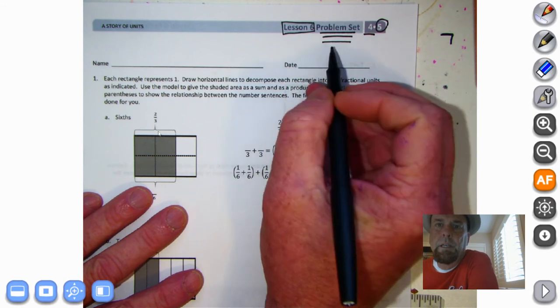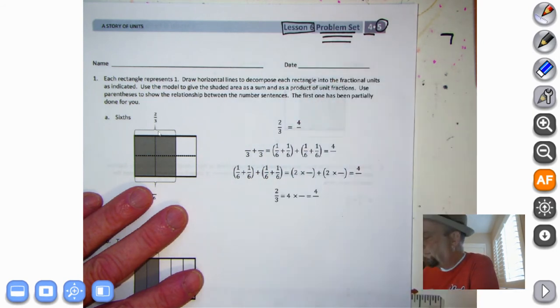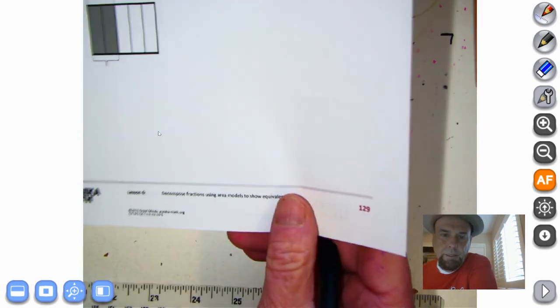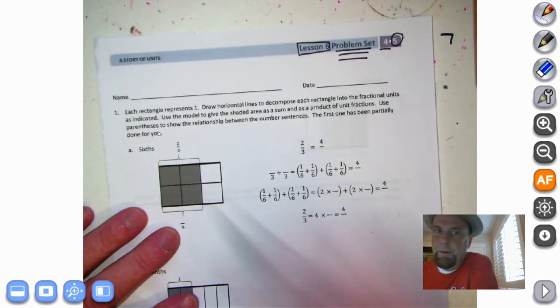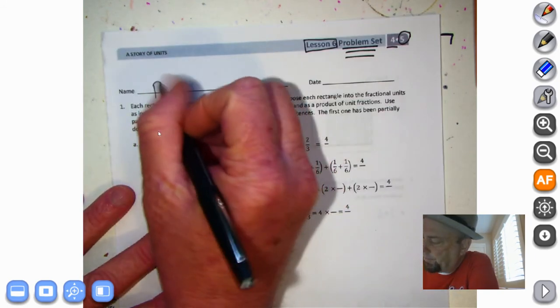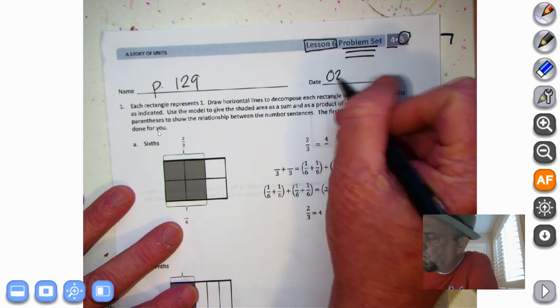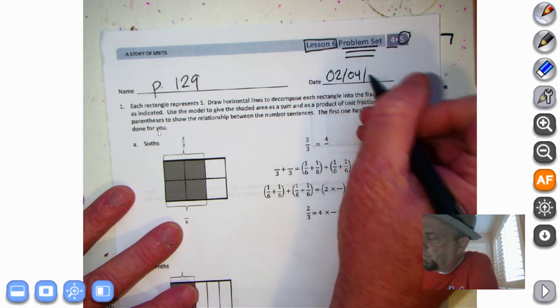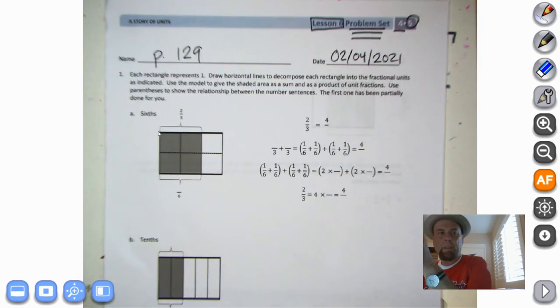Lesson 6, Problem Set, Module 5, Grade 4. And if all else fails, we're on page 129. So up here, I'm going to put page 129. Today's date is 02/04/2021.